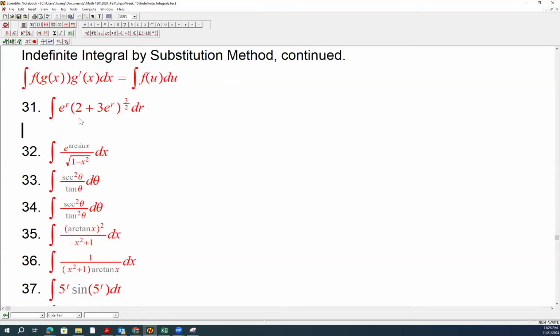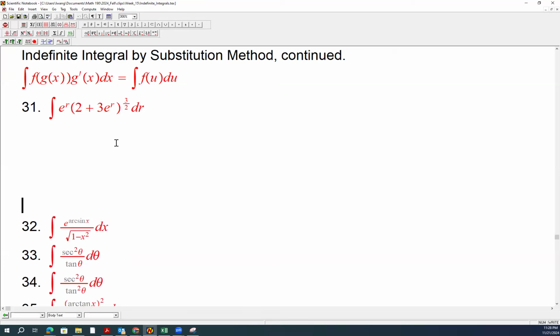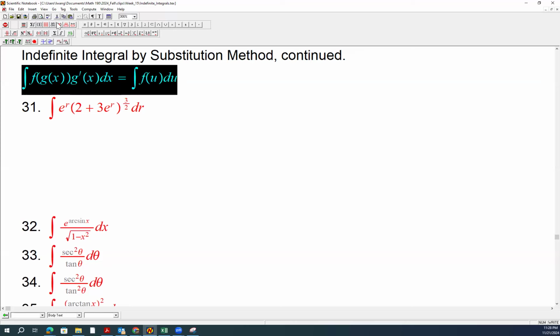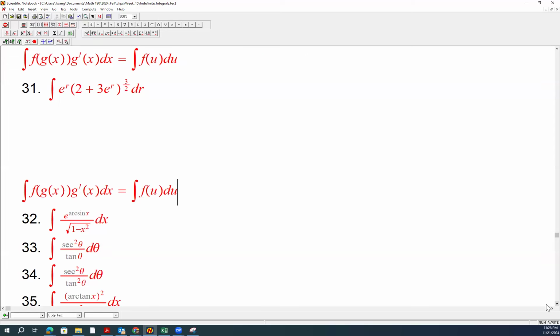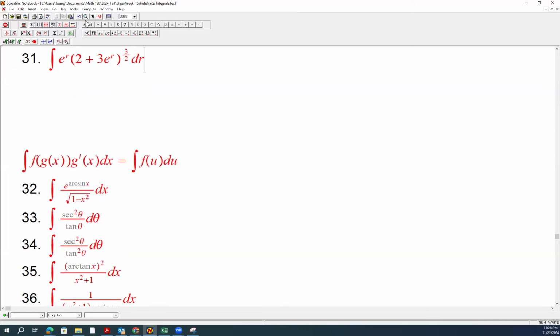All right, for this one, you can see the algebra gets a little bit more complex. We'll continue to do the substitution method, but we need to be careful about the algebraic part.